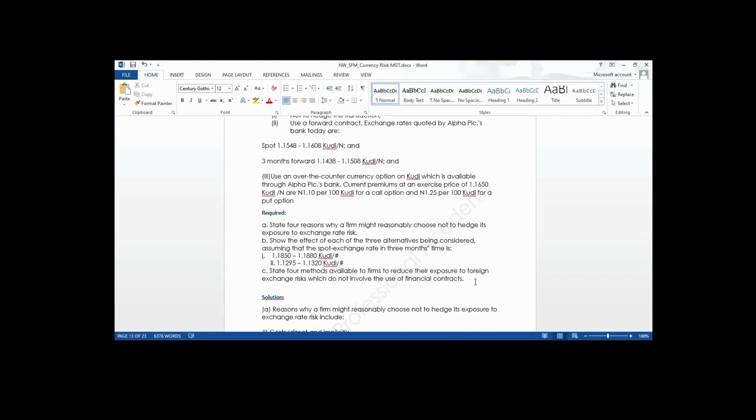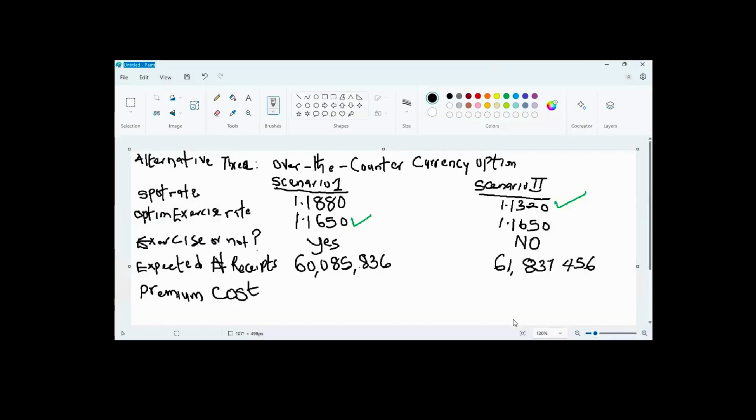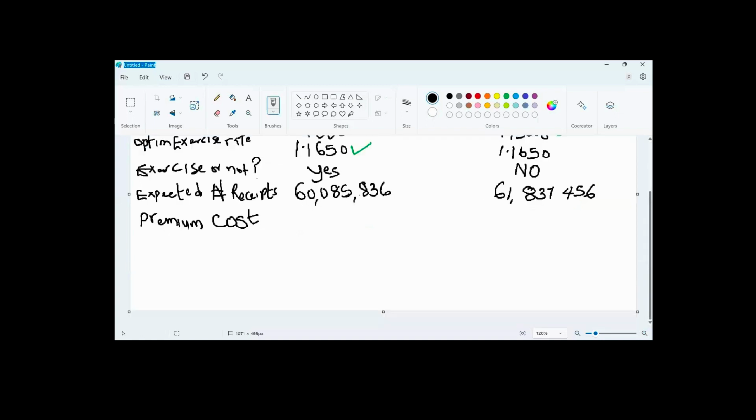I will now try to calculate the premium. Per 100 Kudi, the company will pay a premium of 1 naira 25 kobo. What is the total premium? Look at it, please. I will now compute the premium.